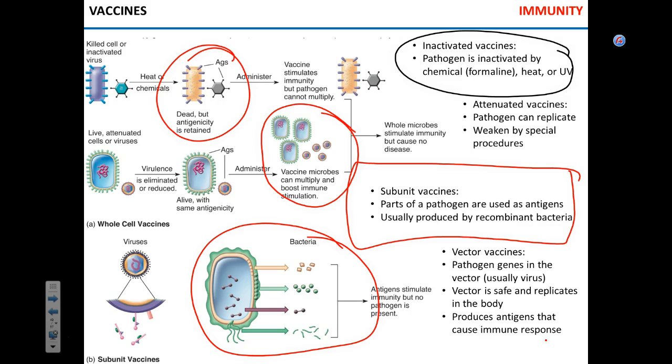Vector vaccines, they're not in the picture, but think about this. If you have yellow fever virus, right? You have a very safe vaccine. What if you take the guts out of yellow fever? Bless you.